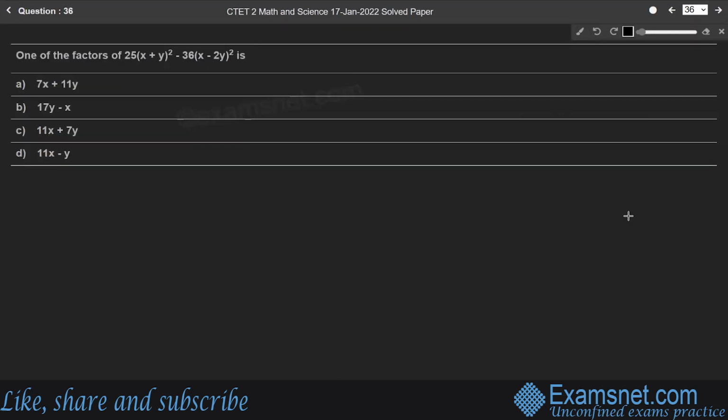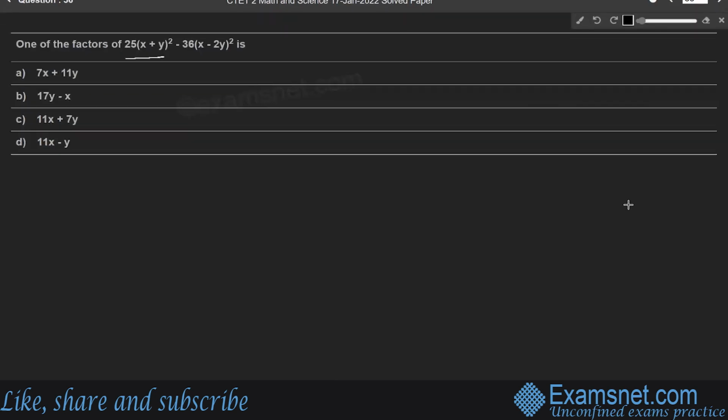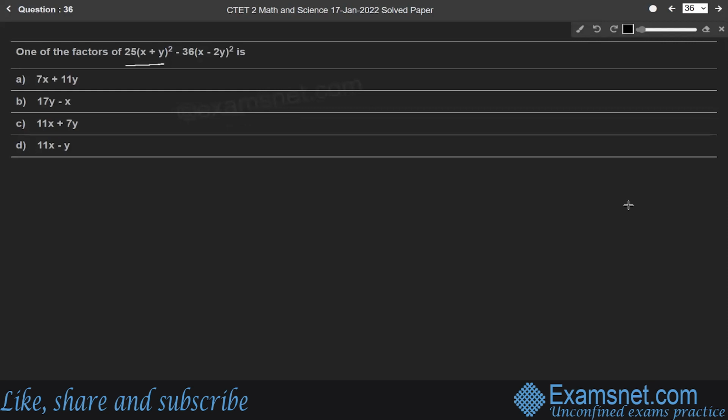Question 36. One of the factors of 25 into (x plus y) whole square minus 36 into (x minus 2y) whole square is. So the given expression is 25 into (x plus y) whole square minus 36 into (x minus 2y) whole square.